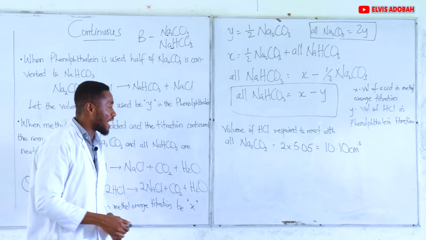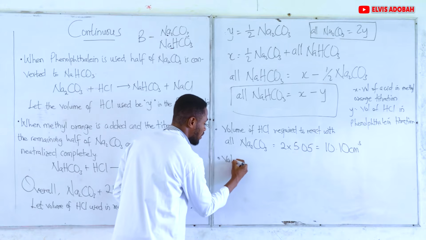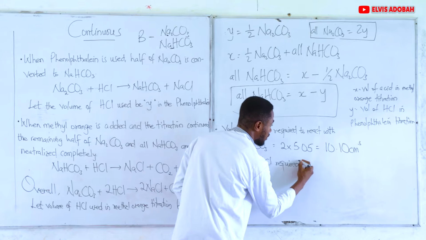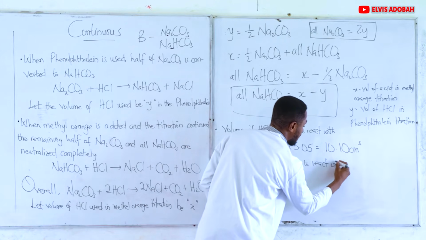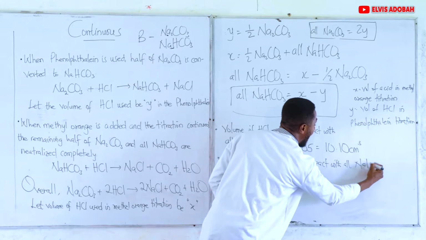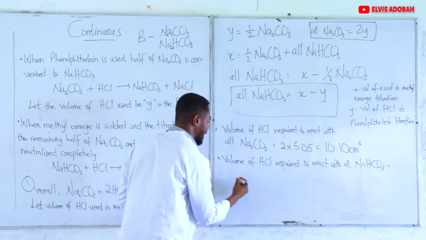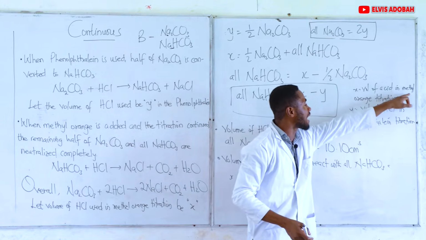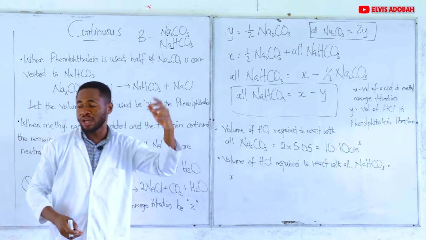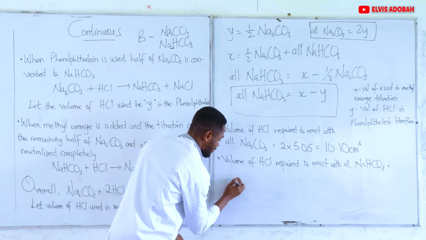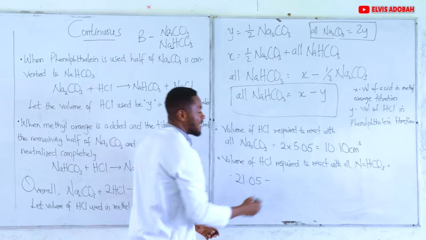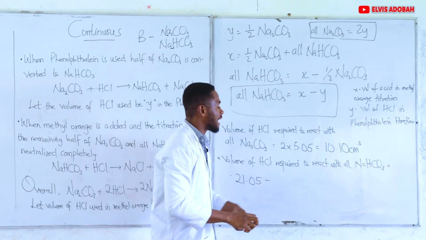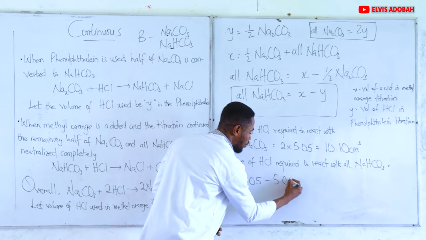If we are asked to calculate the volume of HCl required to react with all sodium bicarbonate, it will be given as X minus Y. That is, X is the volume of acid in the methyl orange titration, which we found to be 21.05, minus the volume of acid in the phenolphthalein titration, which is 5.05.